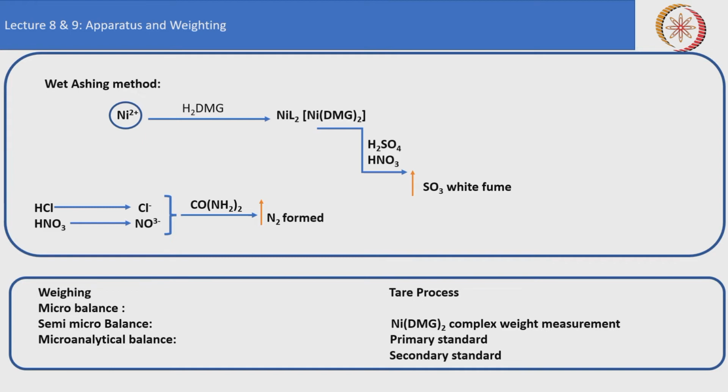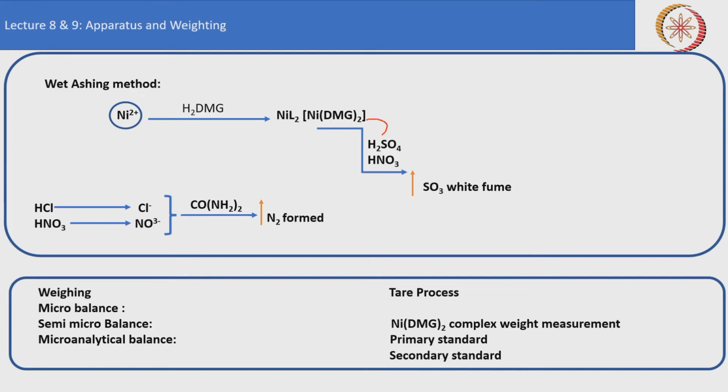And in the gravimetric method, we learned about the sample, the nickel 2 plus complex. Suppose you have a nickel complex which is insoluble, then you make it with a complexing agent, dimethylglyoxime, and it will form the NiL2 complex.